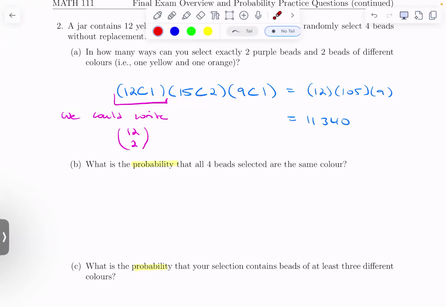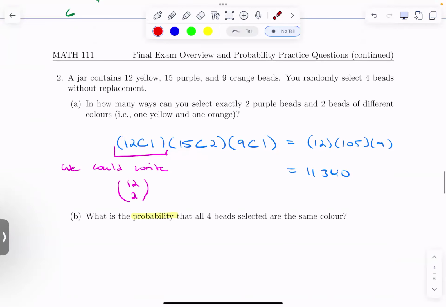Okay. Now we want the probability that all 4 beads selected are the same color. So that means I have either 4 yellow or 4 purple or 4 orange. Whenever you're saying or, you're adding those events up.